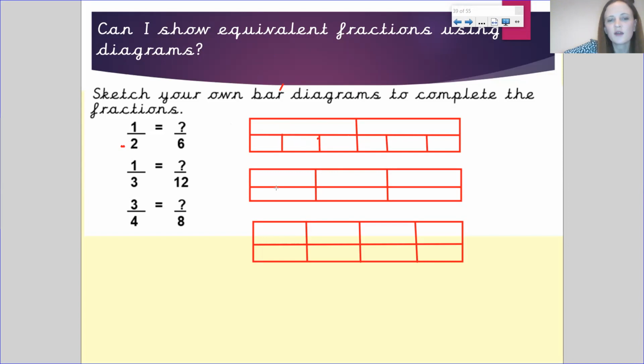This one says twelfths, so each one of these will be broken up into 4. You can see I'm still using my straight lines, making sure that it is equally shared out. If you have your squared paper, this will be much easier for you. Okay, and then this one is an 8.